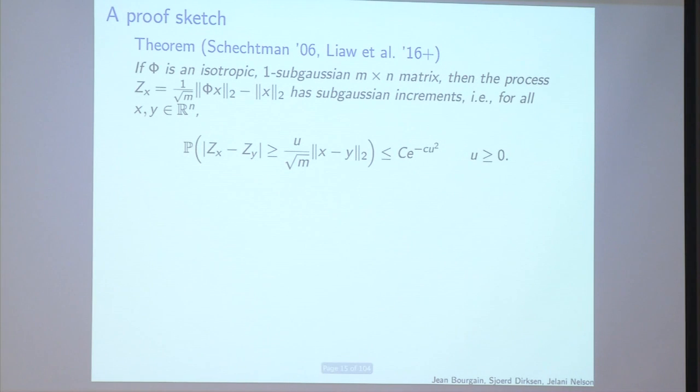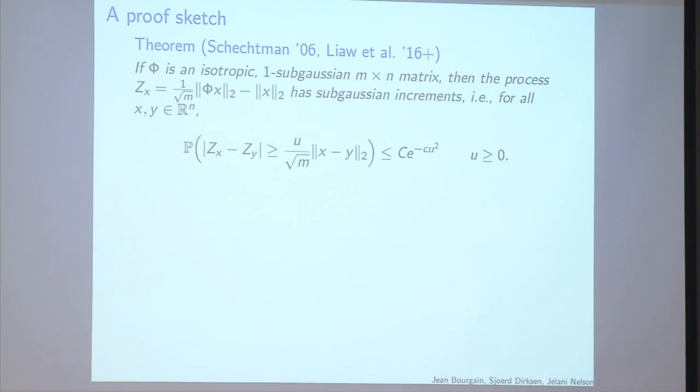Okay, so let me give you a proof sketch, which is based on this paper of Liaw et al. So what they actually showed is, okay, and if you don't know what a sub-Gaussian matrix is, simply think about a random sign matrix. If you have such a matrix with isotropic, one sub-Gaussian independent rows, then the following process, so Phi x normalized minus x in the L2 norm, actually has sub-Gaussian increments.